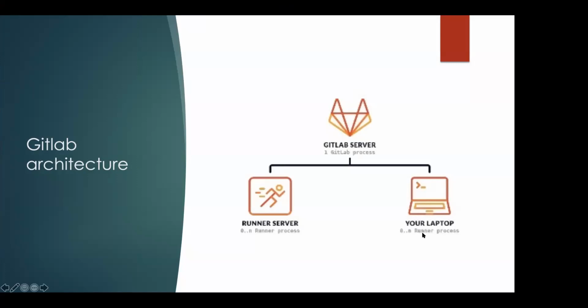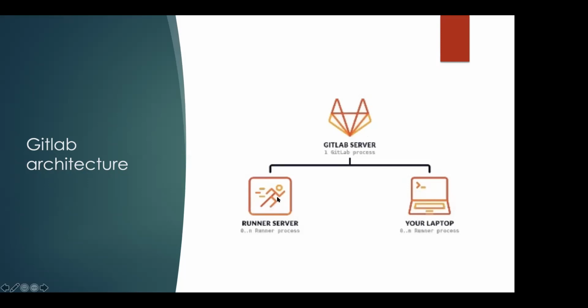Okay, so I have kept the GitLab architecture after my first CI pipeline so that it'll be easier for you guys to understand how the flow works. As I said, there is a GitLab server. The GitLab server is nothing but the coordinator, and the server is going to delegate the flow or the task to the GitLab runner.